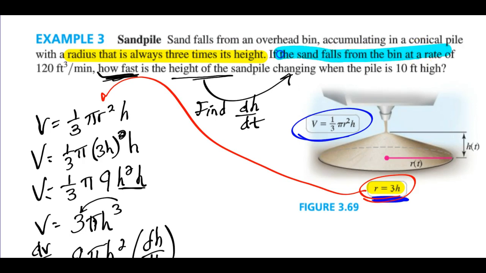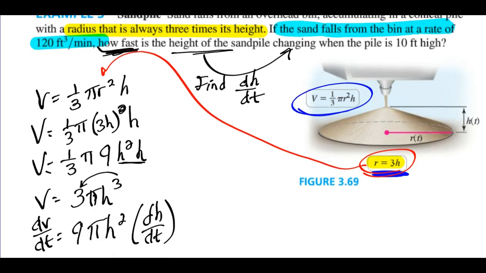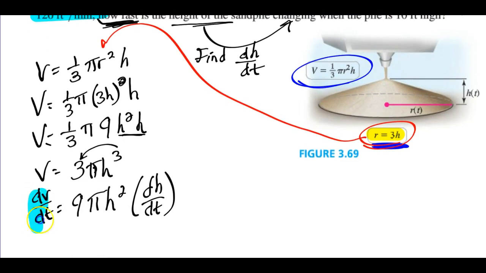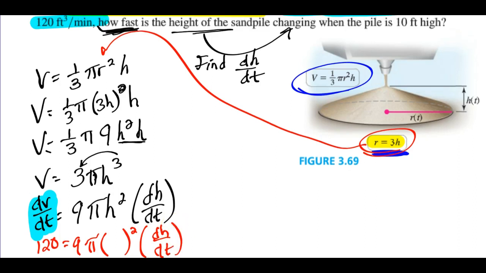The sand is falling in the bin at a rate of 120. So that's the rate at which the volume is filling up. So I believe they gave us this volume rate, 120, is equal to 9 pi, let's see if they gave me h, and of course we're trying to find dh/dt.